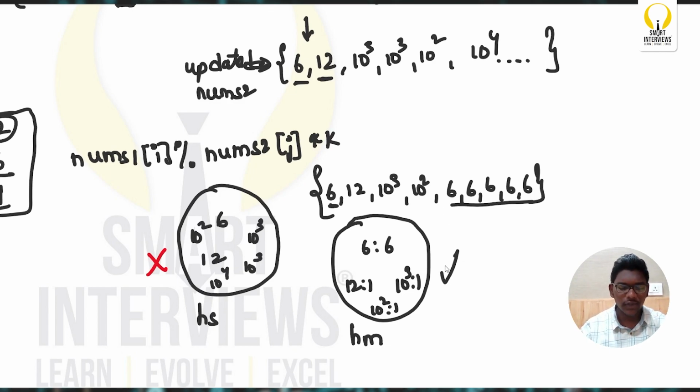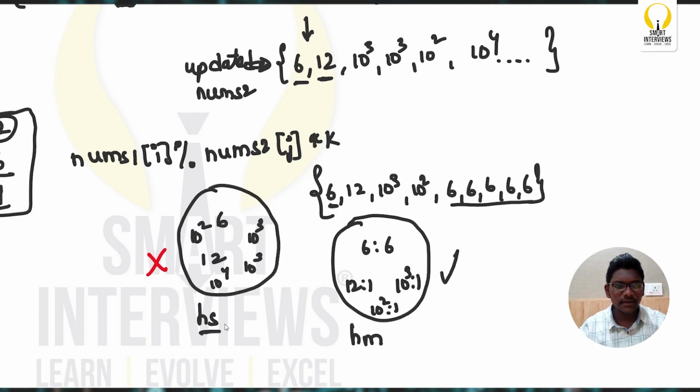So do you understand how we are breaking down the problem? First, we are figuring out what exactly is taking time in our brute force solution. And while optimizing the solution, we came to know that we should somehow search the divisors of nums1 of i in nums2 in an optimal way. For that reason, we added it to a hash set.